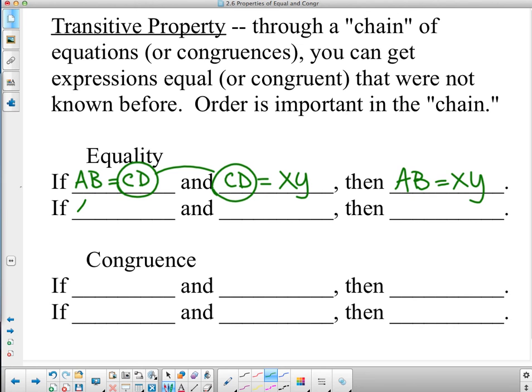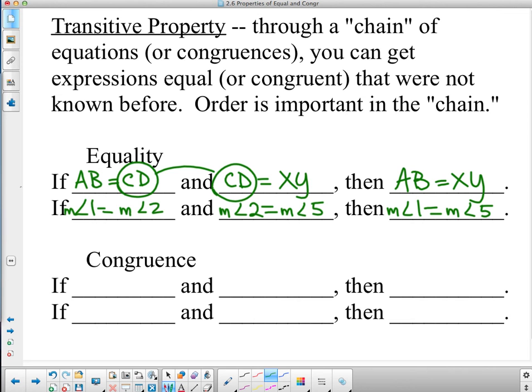So if the measure of angle 1 equals the measure of angle 2, and the measure of angle 2, let's not make it boring, is equal to the measure of angle 5, then the measure of angle 1 equals the measure of angle 5.